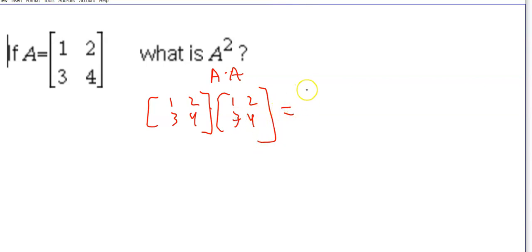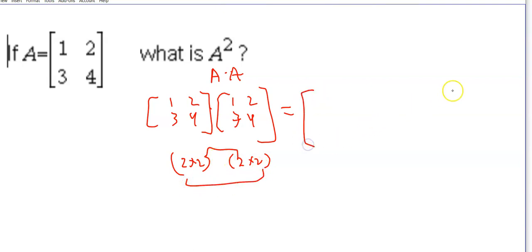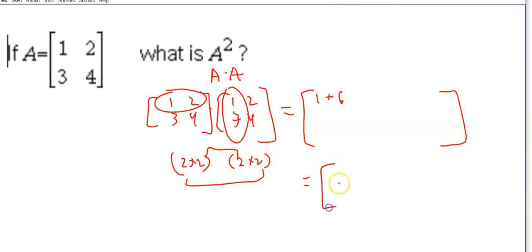And you get a 2 by 2 times a 2 by 2. Can we do this? Yes, we can. The dimension of the answer is a 2 by 2. So we're going to get a 2 by 2 here. The top left term here is going to be row by column. So it's going to be these two. So 1 times 1 plus 6. So the top left term is 7.